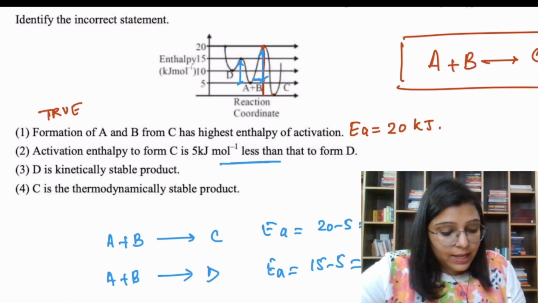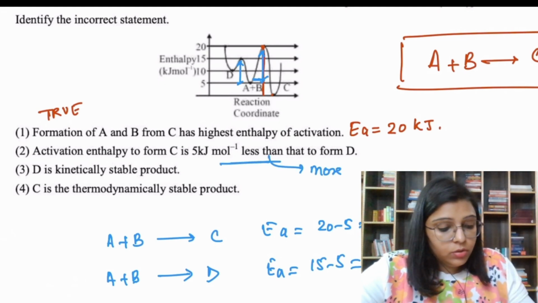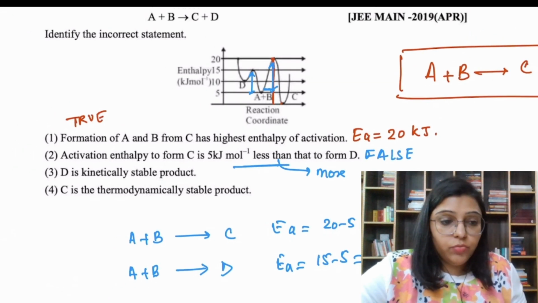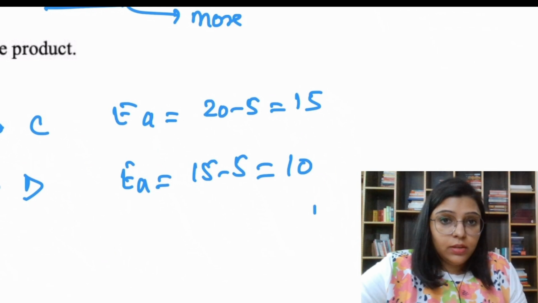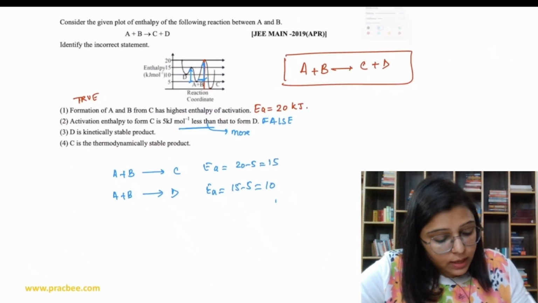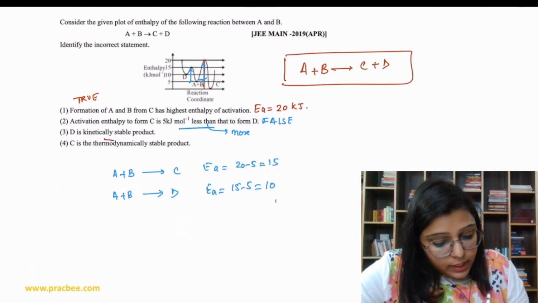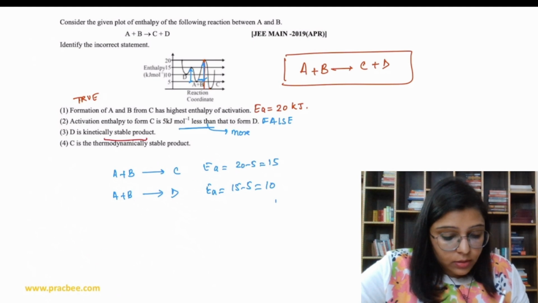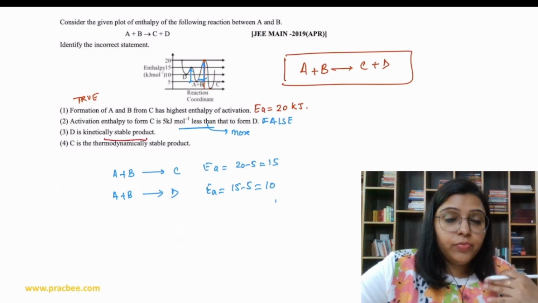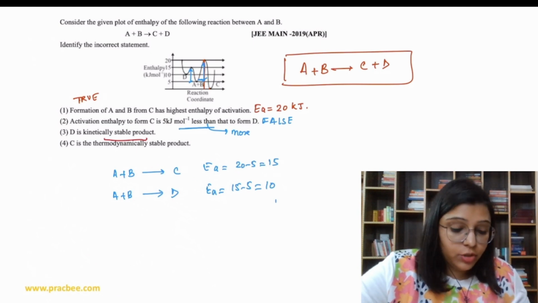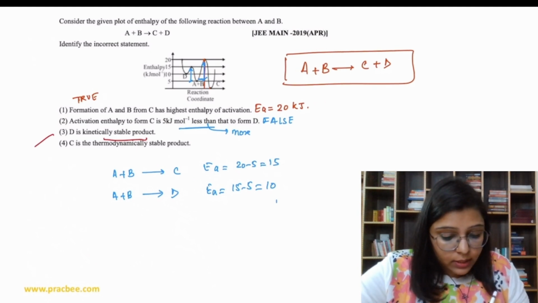So it is not less, it is more. So that statement is false. That statement is false. Clear? Now let's understand the third one. D is a kinetically stable product. Kinetically stable product means which is faster, meaning the reaction should be faster, and for the faster reaction the activation energy should be least.